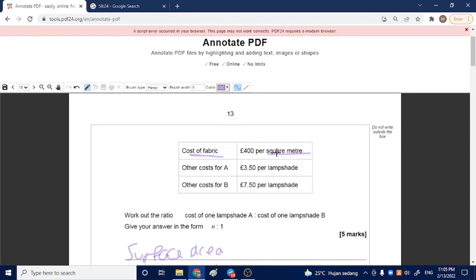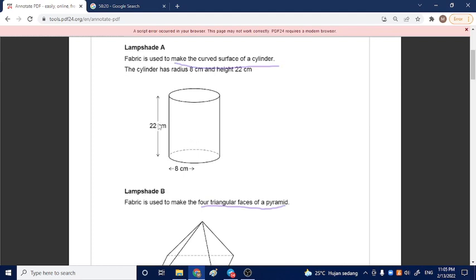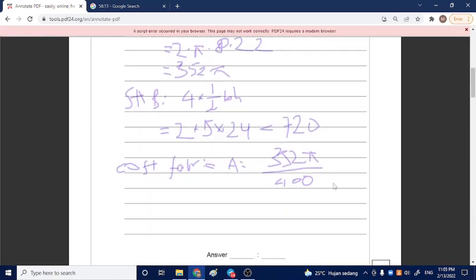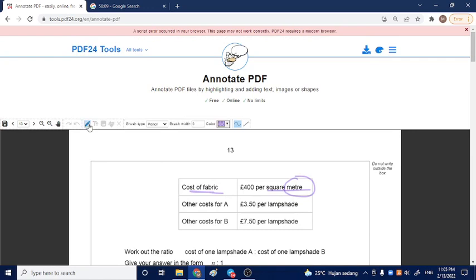But here, look, it's square meter. Meanwhile, our things are in centimeters because imagine having lampshades that are in meters. So we have to convert this. That would be 4 per.